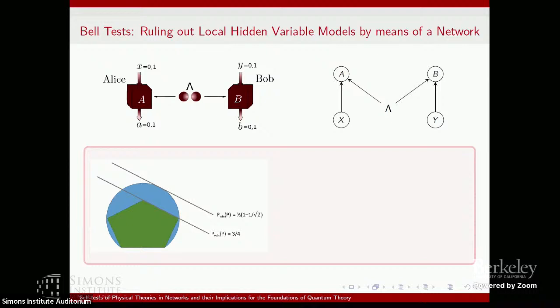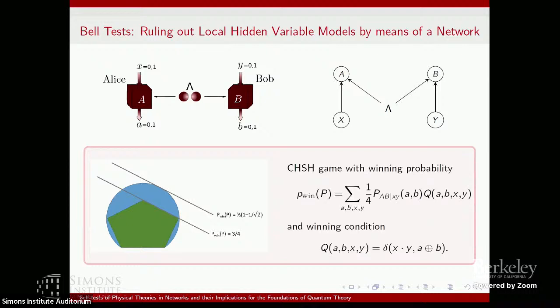The most famous way to do this is with what is called the CHSH game, where the condition according to which they are evaluated is that when both get input 1, they should give perfectly anti-correlated answers, and in all other cases they should give perfectly correlated answers. Now it turns out that if you look at with what probability they can win this game, this is one of those ways to distinguish the theories.